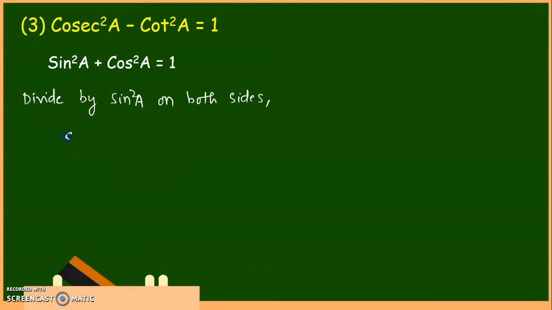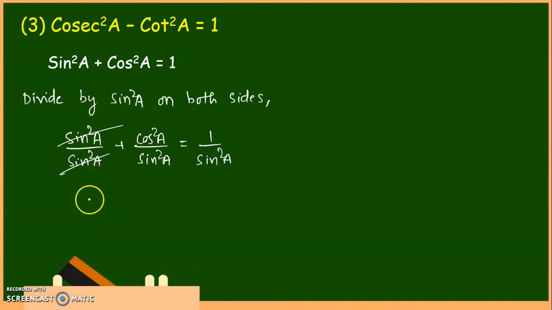So we get sin²A divided by sin²A plus cos²A divided by sin²A equals 1 divided by sin²A. Here the sin²A cancels out, so we get 1. Here cos²A divided by sin²A: the ratio of cos and sin is nothing but cot A.